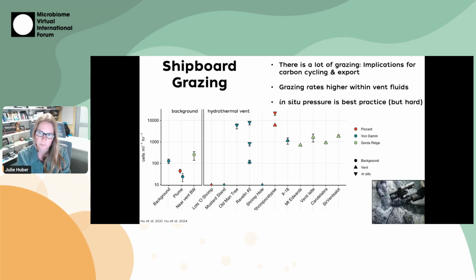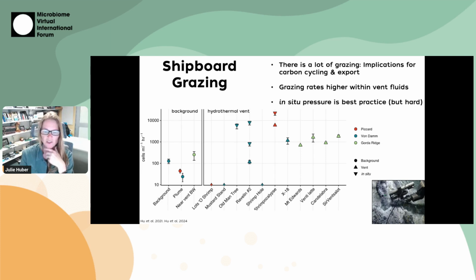We've done these experiments both on the ship as well as at in situ pressure to see if it's faster under natural conditions. The answer is yes, it's a little bit faster under high pressure, but it's a lot harder to do the experiment. And doing shipboard is probably just fine.